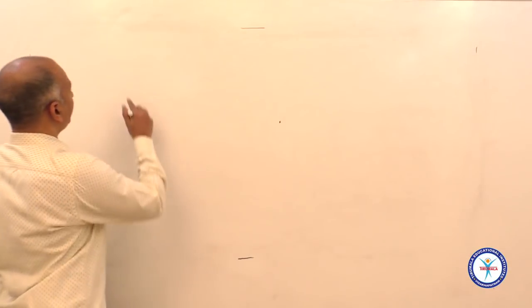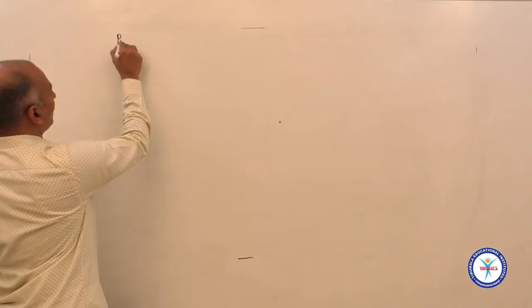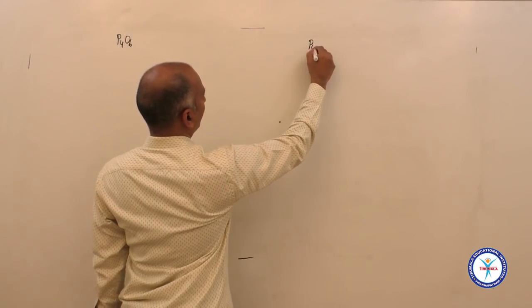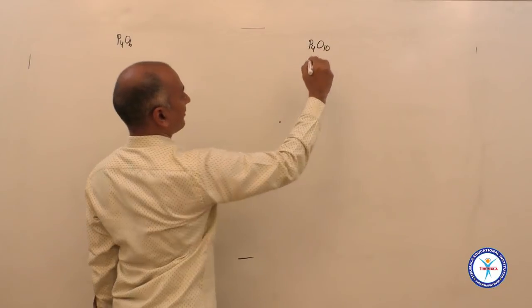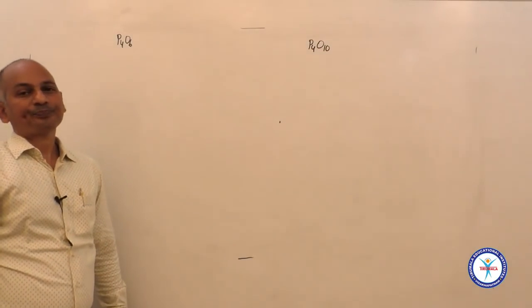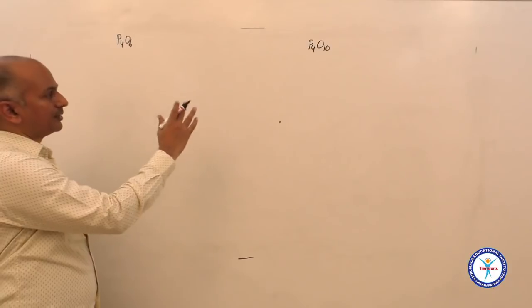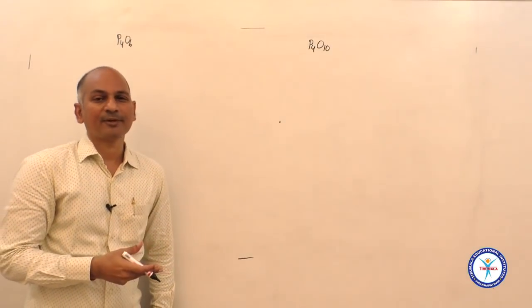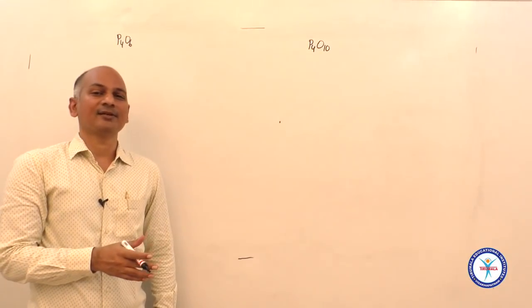So two different oxides. So first one, P4O6, and second one, P4O10. What are the structures of these two compounds, how these compounds are prepared, and what are the chemical reactions of these compounds?